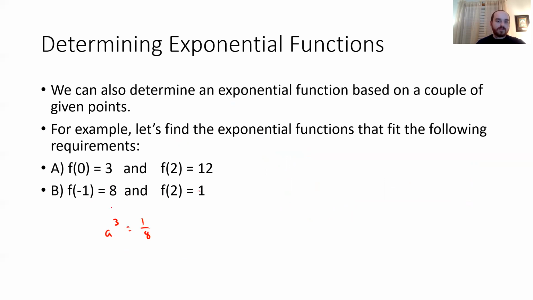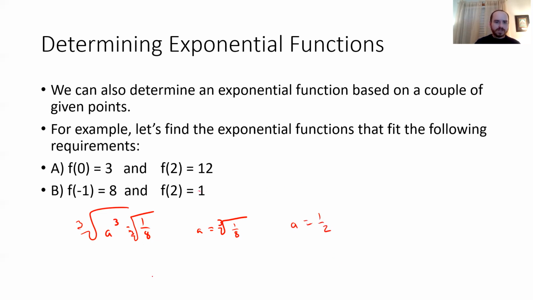To get from here to here, we divide it by 8. A cubed equals 1/8. That means that a equals the cube root of 1/8. The cube root of 1 is 1. We're just taking the cube root of both sides, by the way, to solve this. Cube root of 1 is 1. The cube root of 8 is 2. So a equals 1/2.